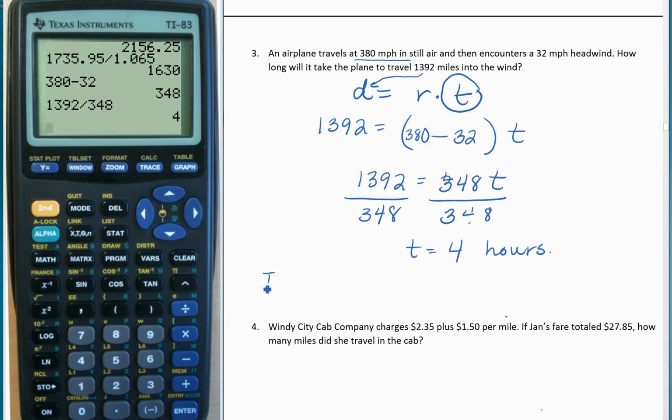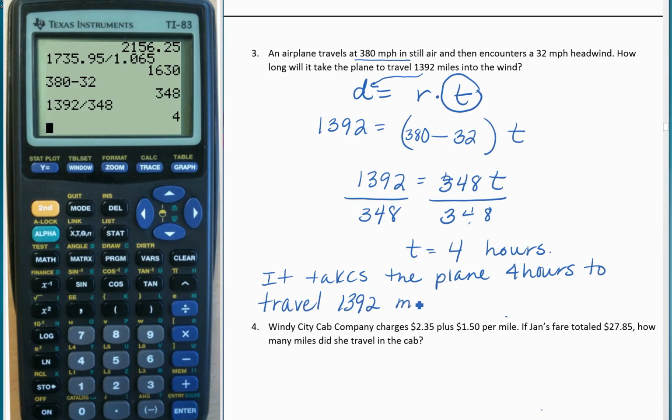So we would say it takes the plane 4 hours to travel 1,392 miles.